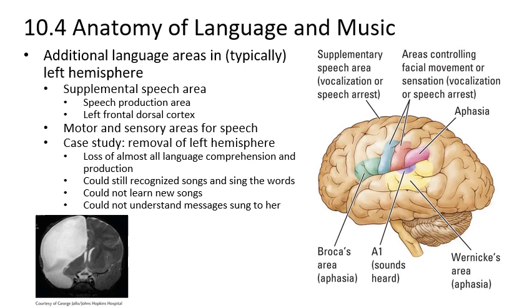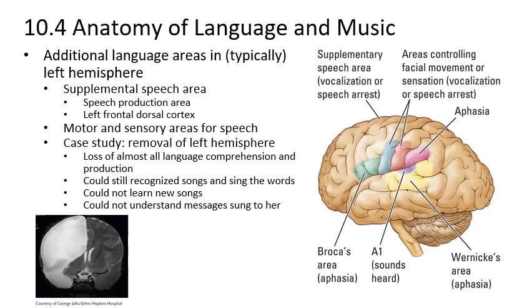There's this interesting case study that I think your book brought up, where an individual had to have almost all of her left hemisphere removed, and in the process lost almost all of her language comprehension and production. I think she could produce like one sentence. However, she could still recognize songs and sing the words.